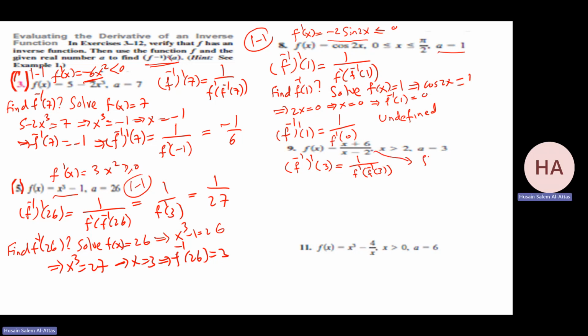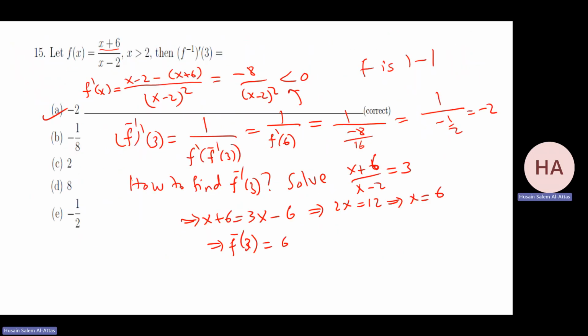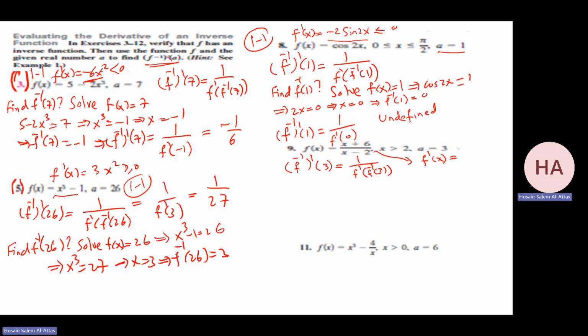If we differentiate, actually we did it before, it's the same as this one. So f prime, just to save time, is minus 8 over (x minus 2) squared, which is always negative. So it's decreasing, continuous and differentiable, so it will be 1-to-1.